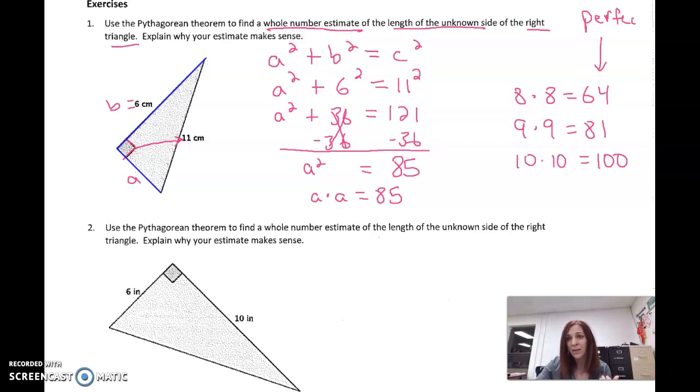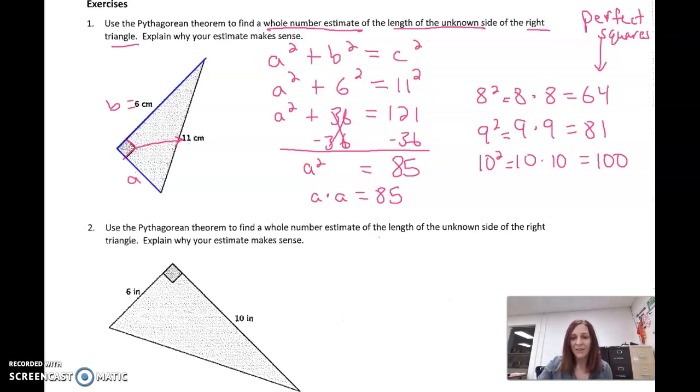Okay, and the reason they're called perfect squares is if you take the square root, which we've talked about in class, you get an integer answer, right? What is the square root of 64? How do you undo? What number times itself equals 64? 8. What number times itself equals 81? 9. What number times itself equals 100? 10. Okay, that's why they're kind of special.